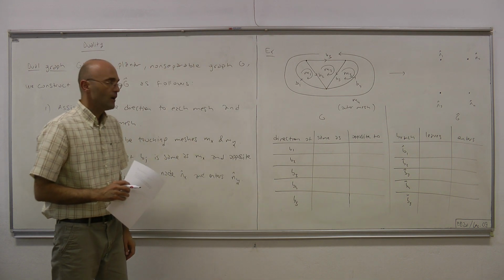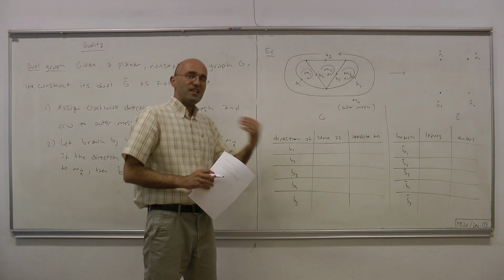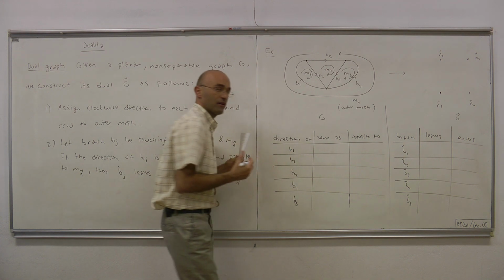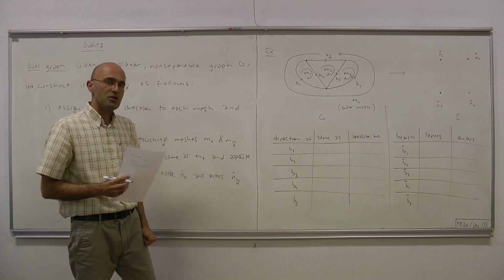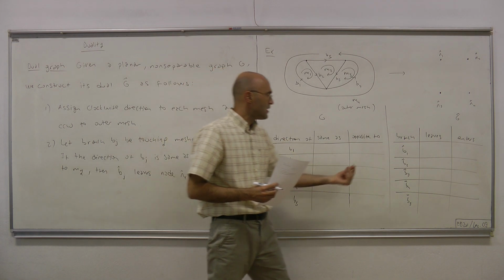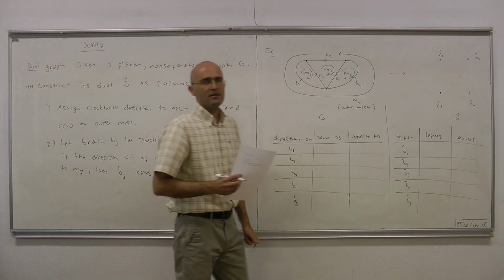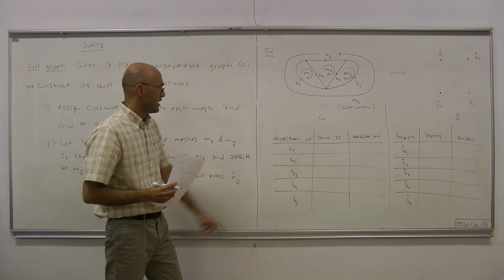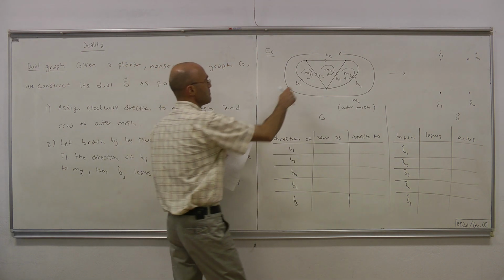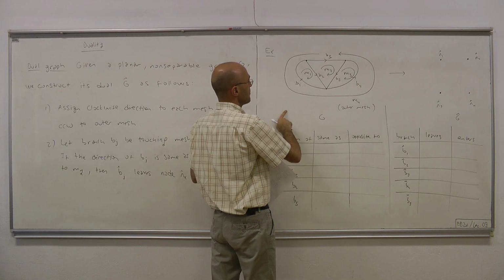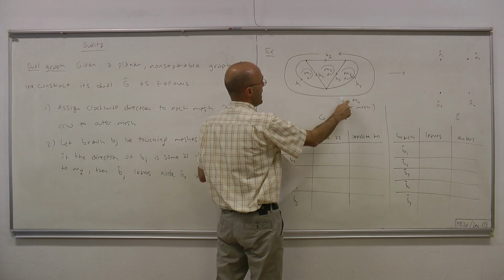Okay. Now, by studying the relations of these branches in the original graph to the meshes, we will figure out the relations of these dual branches to the dual nodes. Okay. Now, direction of B1. B1, first of all, is in between two meshes like every other branch. It's between mesh 1 and mesh 4.